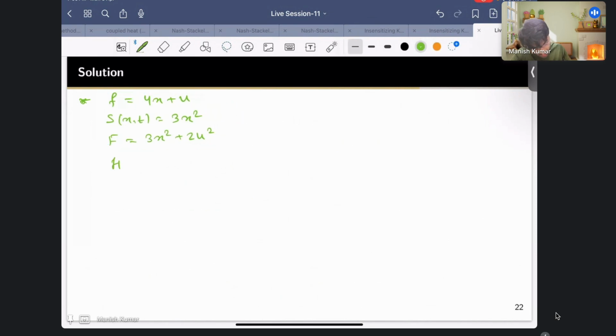So now you can define this Hamiltonian as 3x square plus 2u square plus lambda times f, f is 4x plus u. Right? So this is the Hamiltonian.